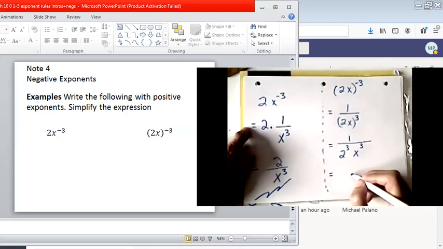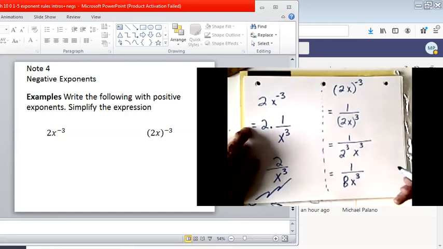The last step is to work this out, and so you get 1 over 8 x cubed, 1 over 8 x to the power of 3.